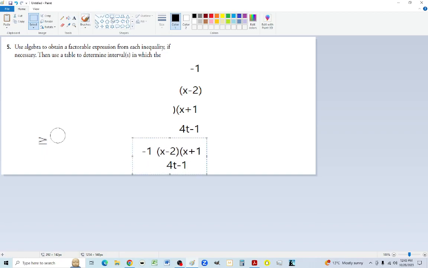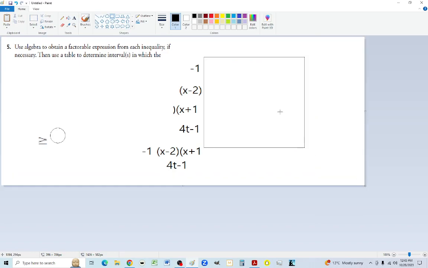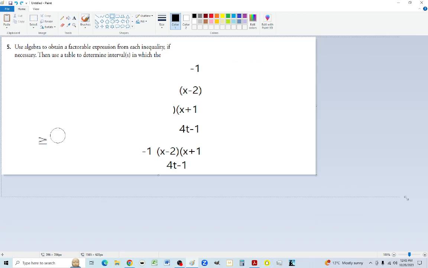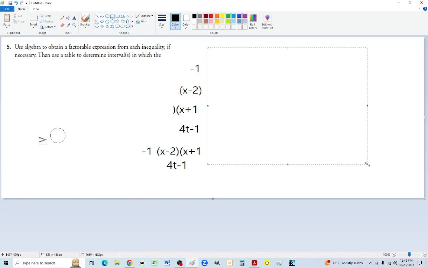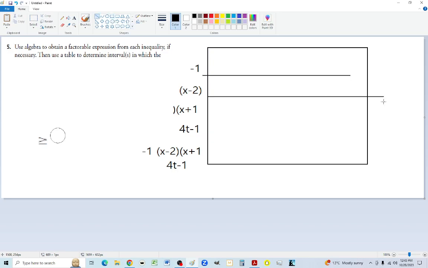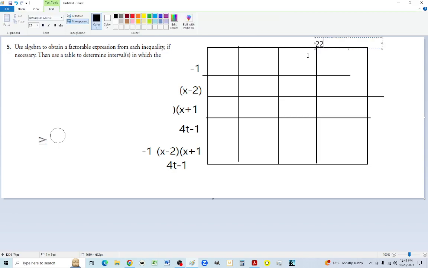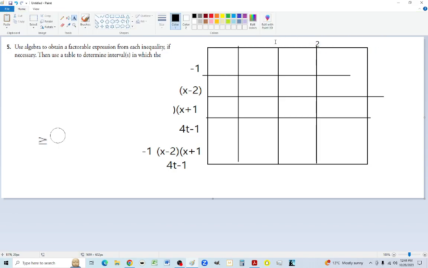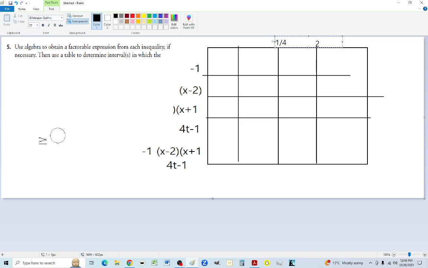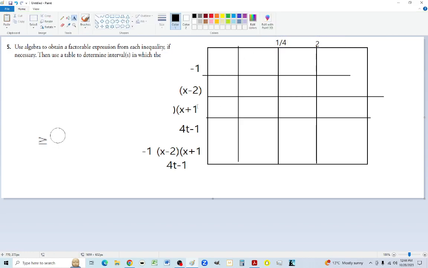Now you make a table, and there's going to be a whole bunch of things. There's only 3 things. So it's when x is 2, a quarter, or minus 1.